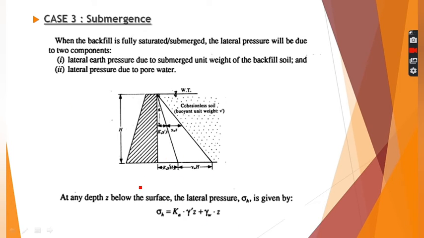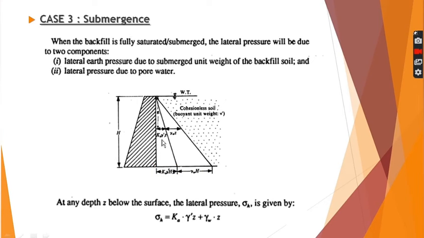So the earth pressure will have two components, that is earth pressure due to the submerged unit weight and earth pressure due to the pore water pressure. So these lateral pressure diagrams have been made according to the effective stress problems which you might have studied in the previous course.